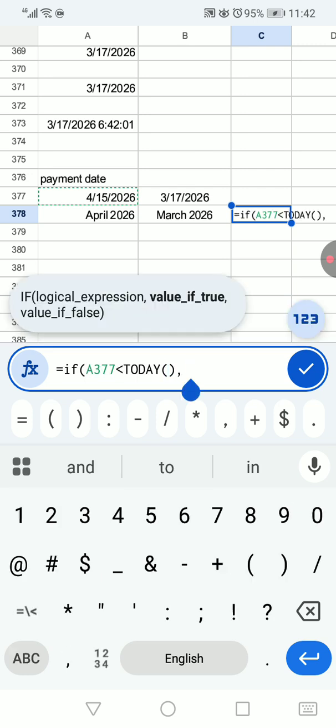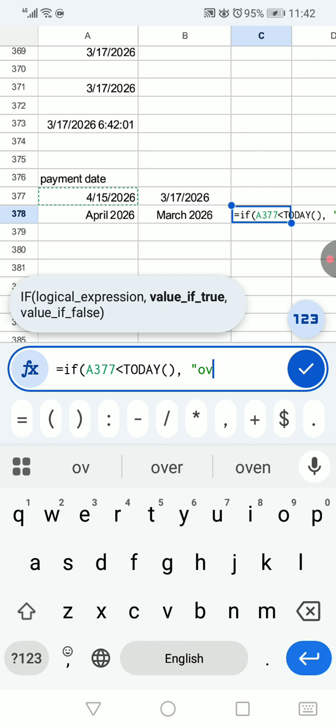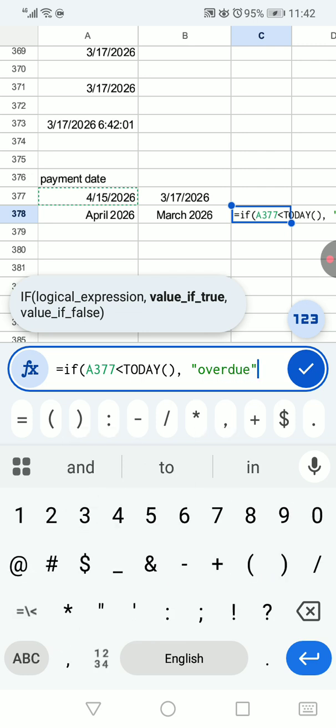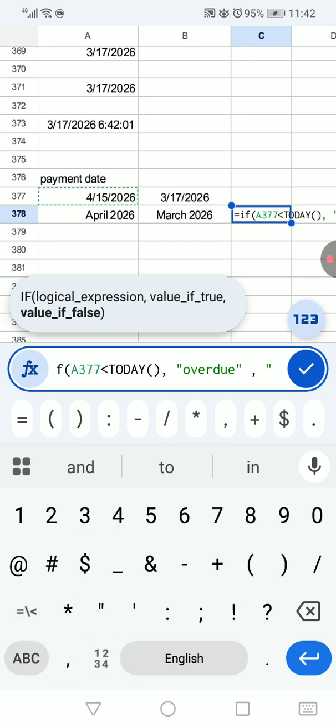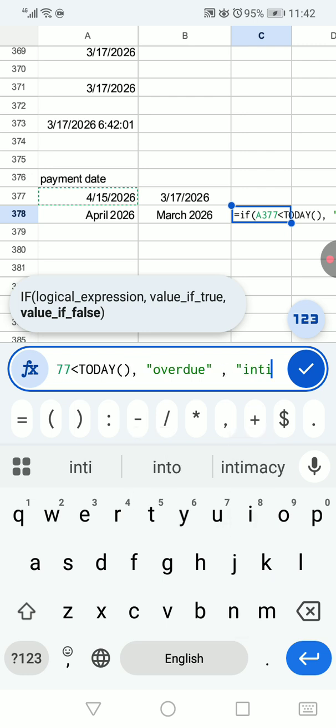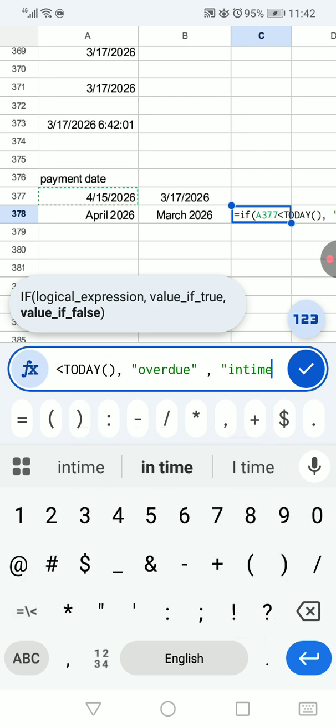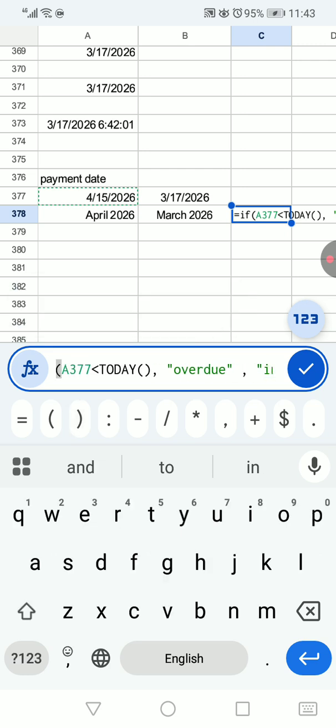Okay, so what we will do, we will call it overdue. Just giving you an example, you will write accordingly and you will use it in a different way, and then you will put in time. So please note this formula.